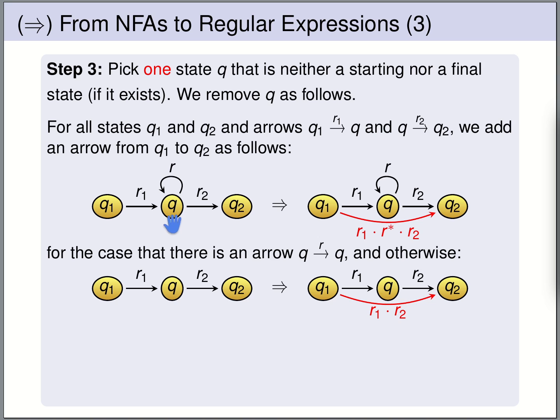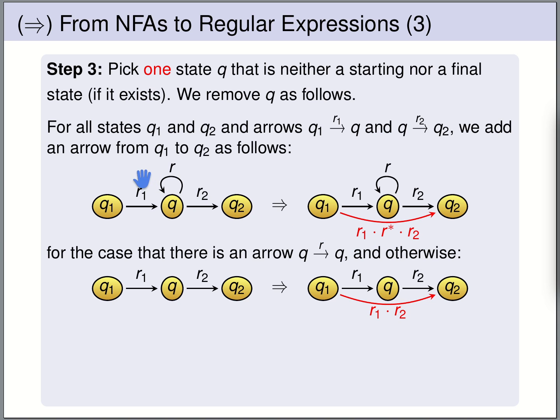How does this work? We have to add additional transitions. These red arrows here. So for every incoming arrow into Q and every outgoing arrow out of Q, we have to add an additional transition. So if we have an incoming arrow from Q1 to Q and an outgoing arrow from Q to Q2, we have to add an additional transition from Q1 to Q2, so bypassing Q, and the label of this additional transition is derived as follows.